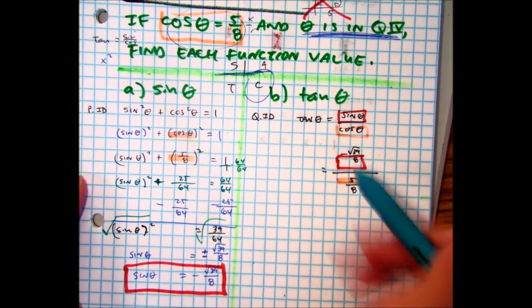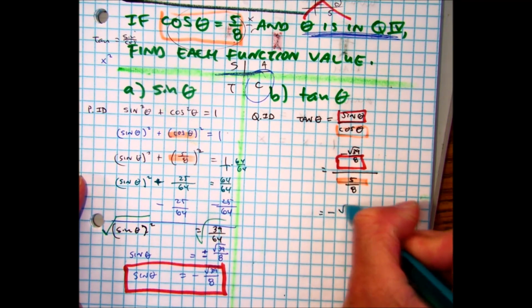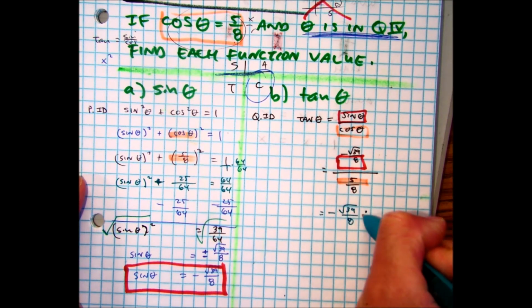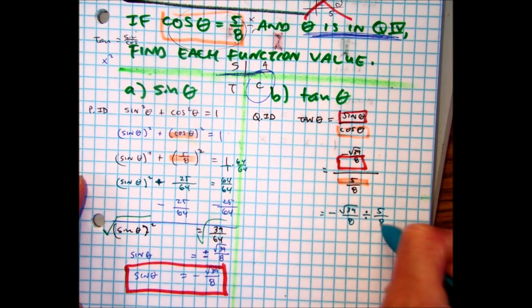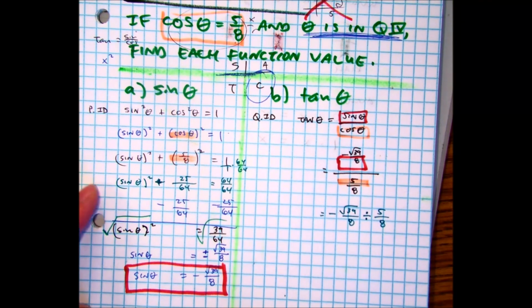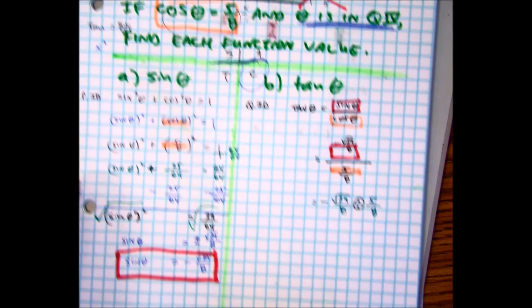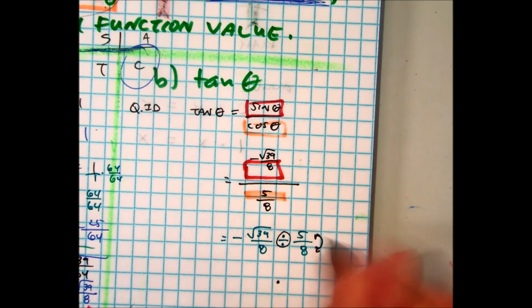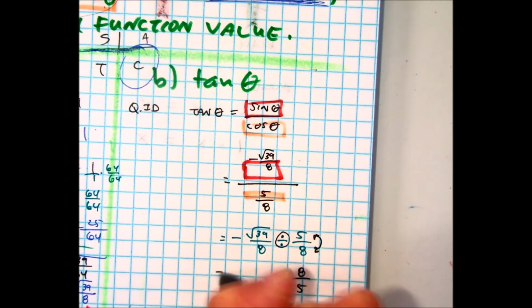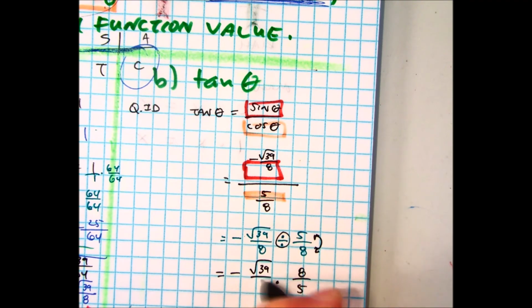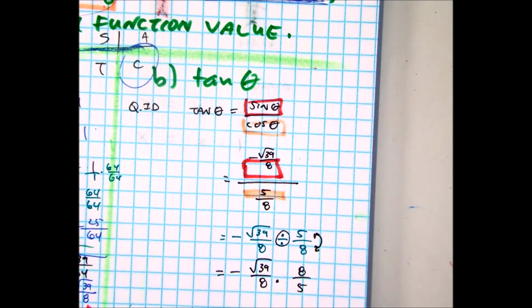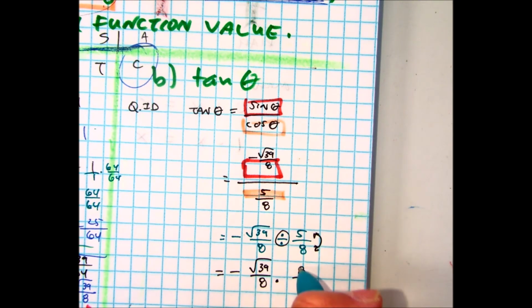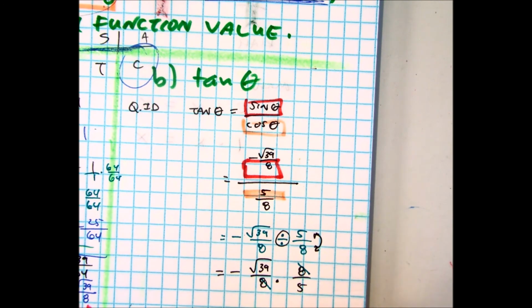So I have a fraction divided by a fraction. I like to turn them sideways. Class, what happens to this math operation? So I have negative radical 39 over 8 times 8 over 5. I notice that my 8's cancel, and tangent of theta is negative radical 39 over 5.